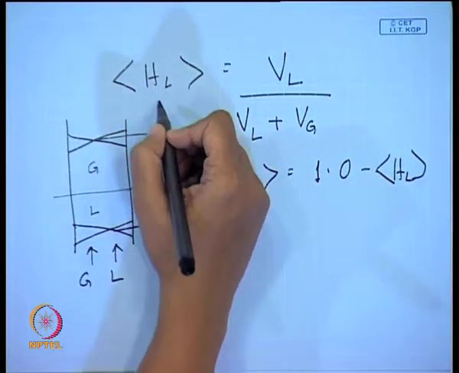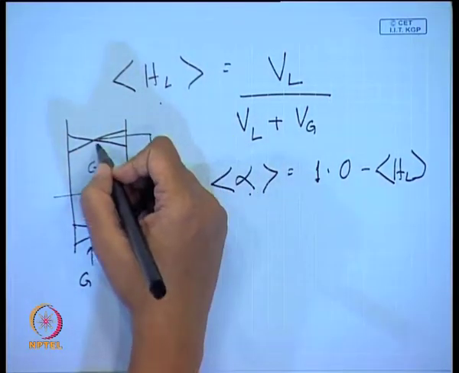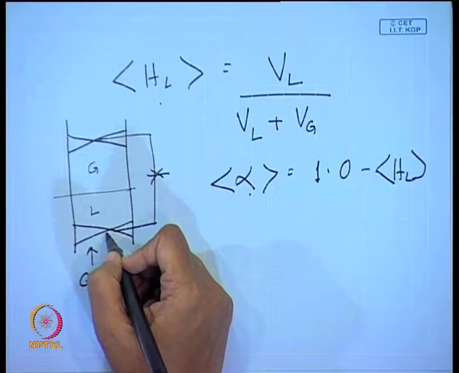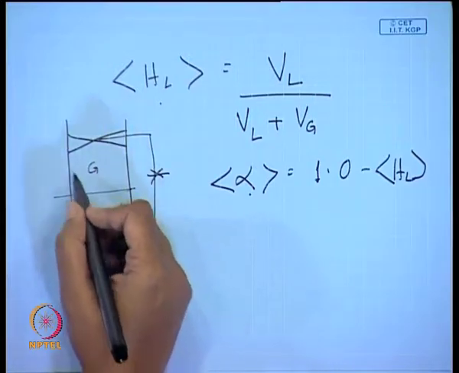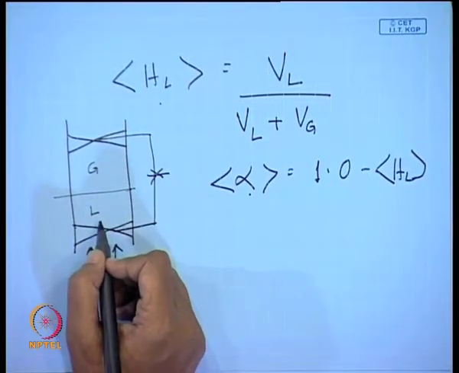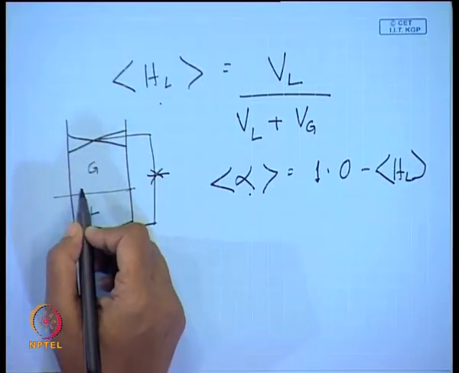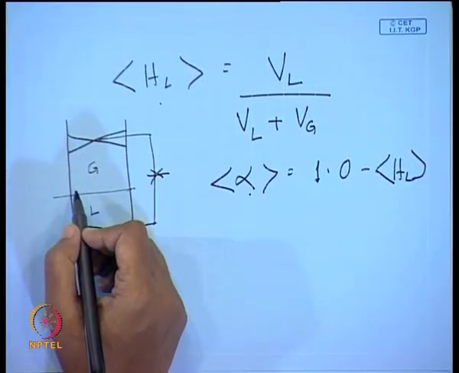Now, remember one thing, when the flow is not uniform, it is not possible for us to measure either alpha or HL over a large length of the pipe, as I have shown in this particular case. Under that circumstance, what we do, you already know, we take a large number of infinitesimal measurements over say length dl, and then we can perform a time average at a given location.